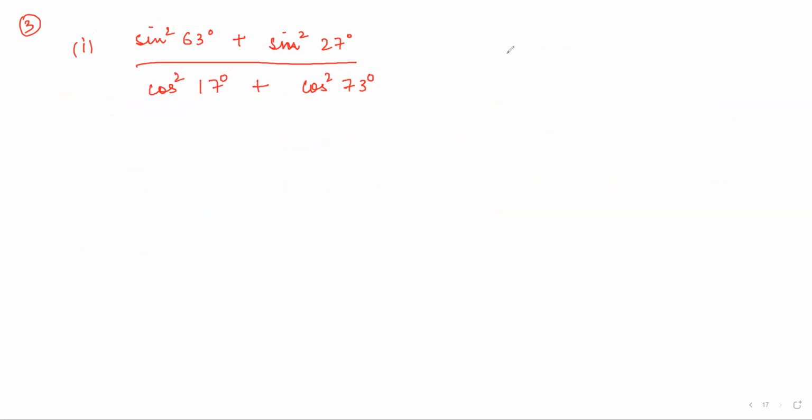First of all, for the identity sine square theta plus cos square theta equals 1, this identity is applicable when you have the same angle, theta. Now here you can see the angles are different. Here you have 63 degrees, here you have 27 degrees. So first of all, we try to make the angle the same, and also one should be sine and the other should be cos.